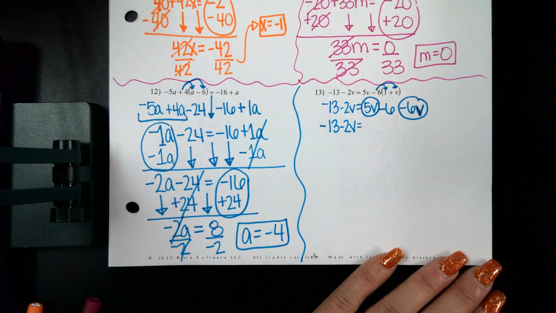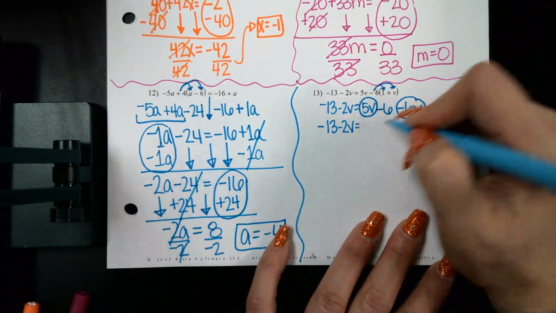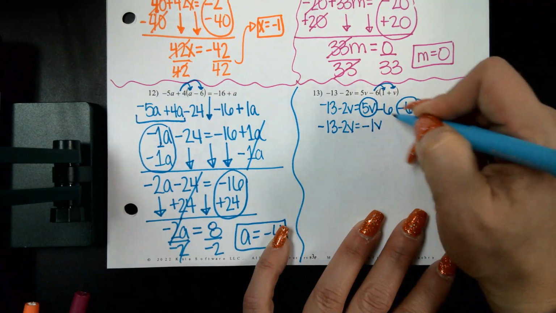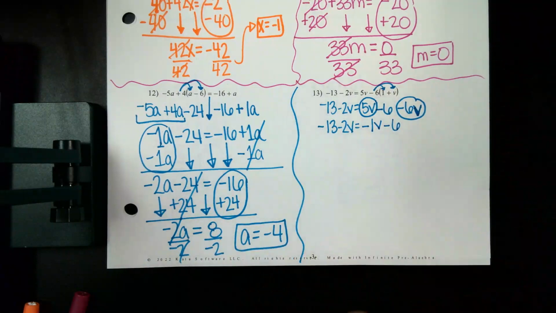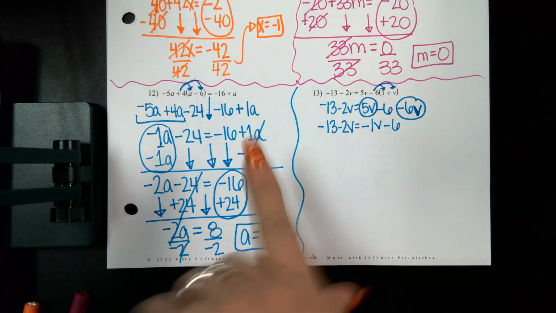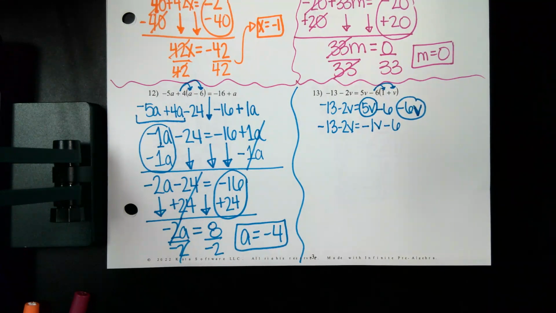So what's 5 minus 6? -1v. And then the -6 would just come down. So I'm going to pause it there. Now you've got a constant and a variable on each side. So move your variable to the left and then move your constant to the right. And then finish with your division. So you've got 3 more steps to go.